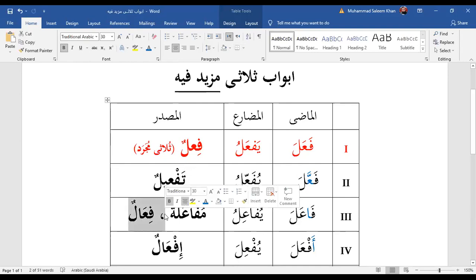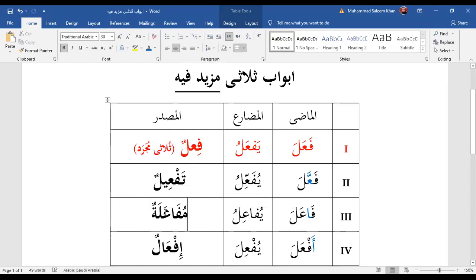Similarly, bab number 3, or group number 3, is fa'ala yufa'ilu mufa'alatan. Here alif is extra. So as you can see, tashdid is extra in the second, alif is extra here, and in the fourth one, hamza is extra. It is افعل يفعل افعالا, where we can see that hamza is extra. Now, why do we need to memorize?